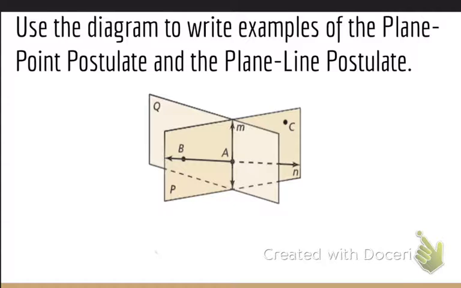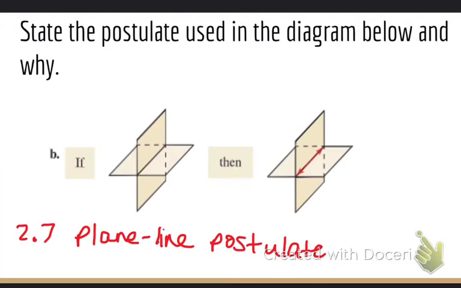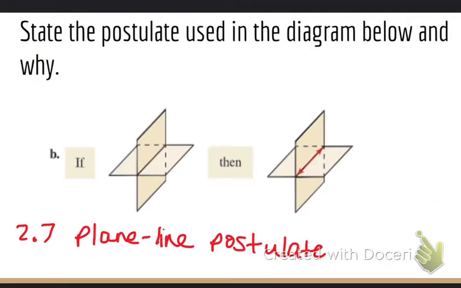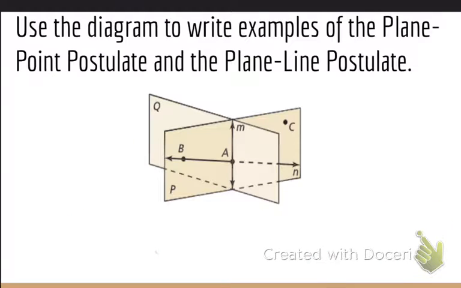Okay, use the diagram to write examples of the plane point postulate and the plane line postulate. So plane point is 2.5 and plane line is 2.6. So we want to see if we can find things in this diagram that describe what those postulates describe. So 2.5 says what?